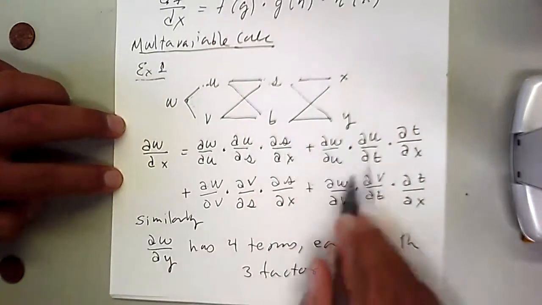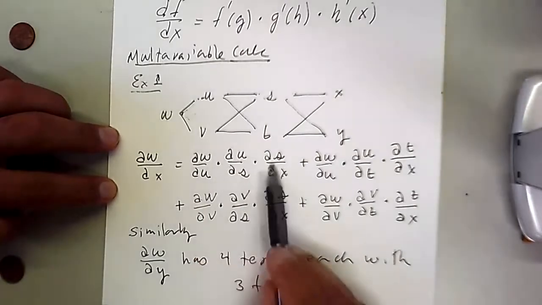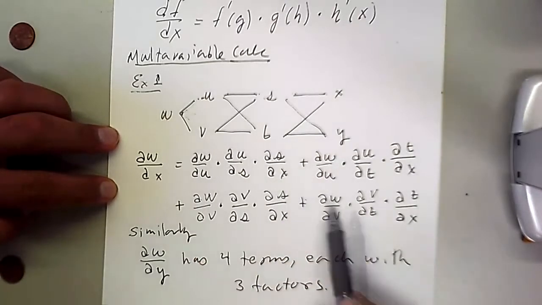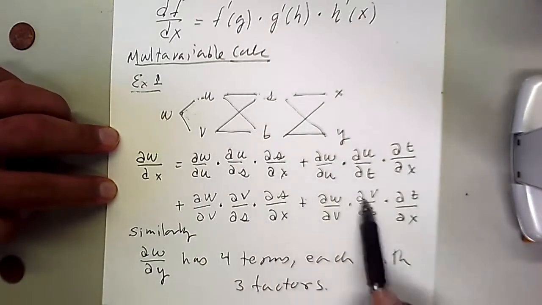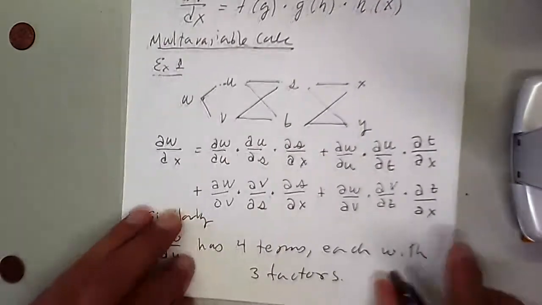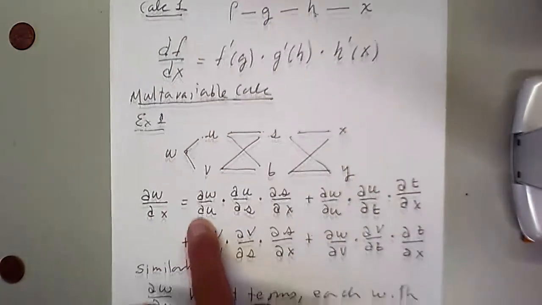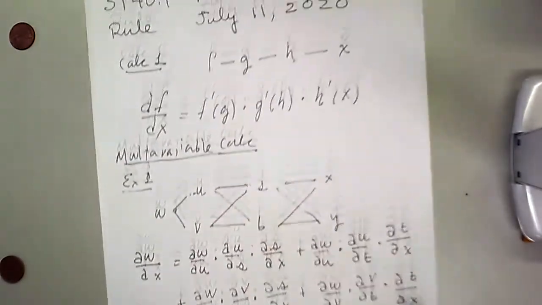So we end up with 12 quantities multiplied, 3 at a time multiplied together, and then we add those products, and that gives us this. All right, so first I want to practice the diagrams and how to obtain these formulas from the diagrams. So that was example 1.